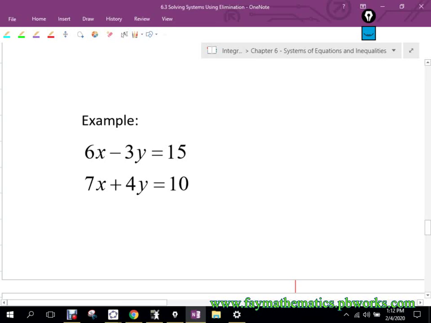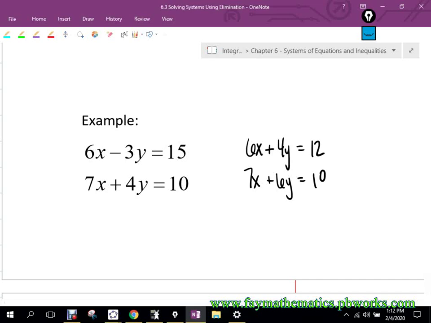Let's go 6x plus 4y equals 12, and 7x plus 6y equals 10, something like that. I just made random numbers up here, so the ordered pairs might be ugly, but let's just talk about which variables you want to cancel.